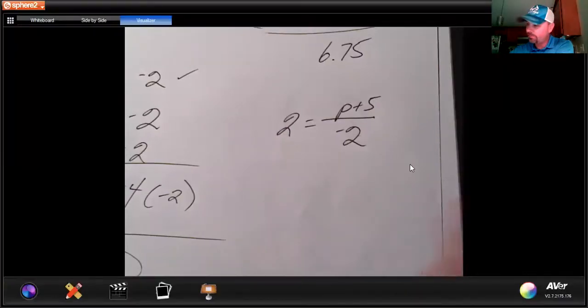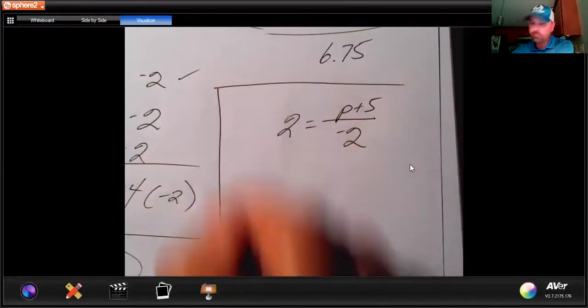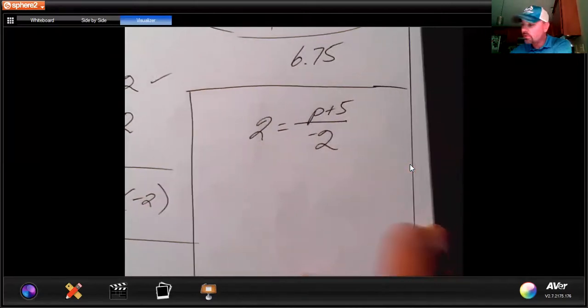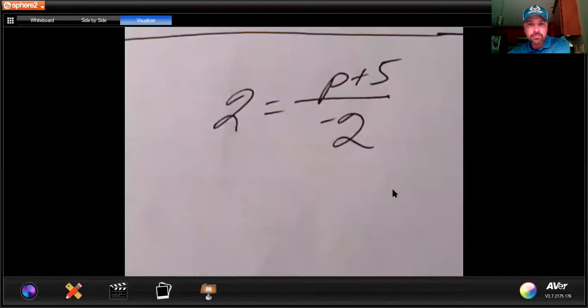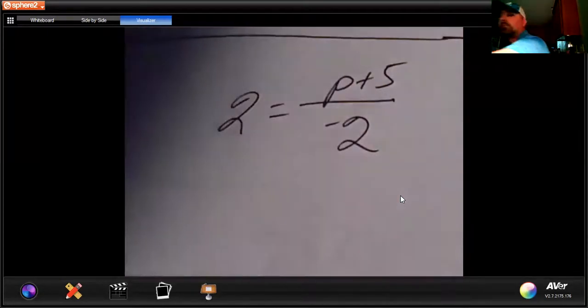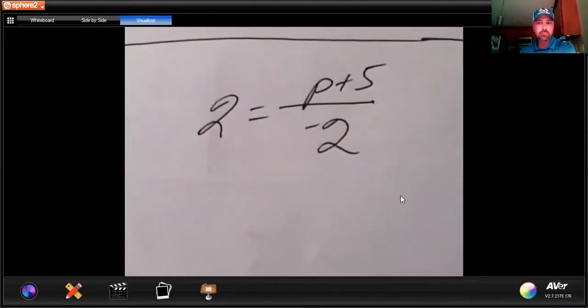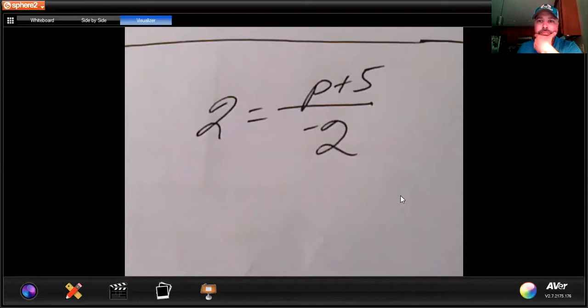All right, so here's the problem. So take a look at this. Can you tell what's different about it? It's got addition and it's got division in it, but it's not like a problem that we've done before.